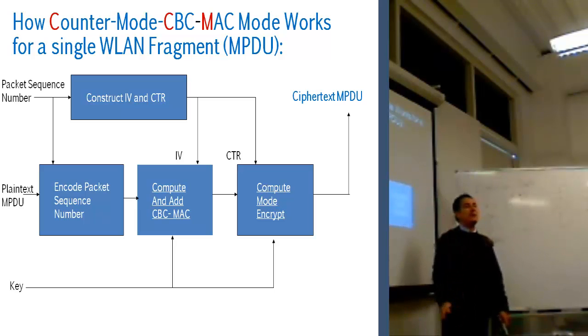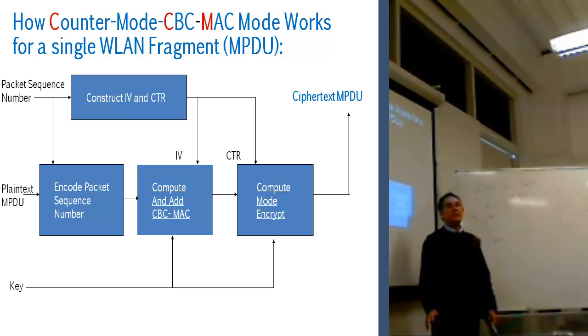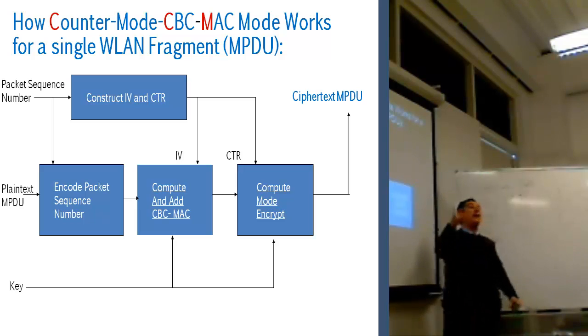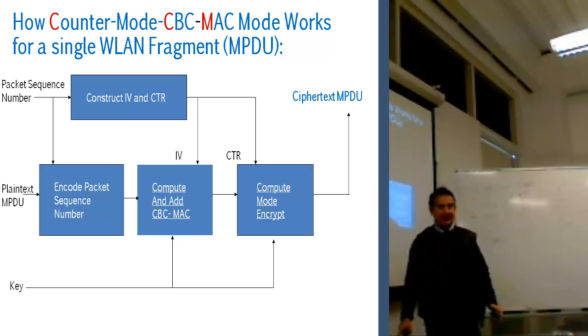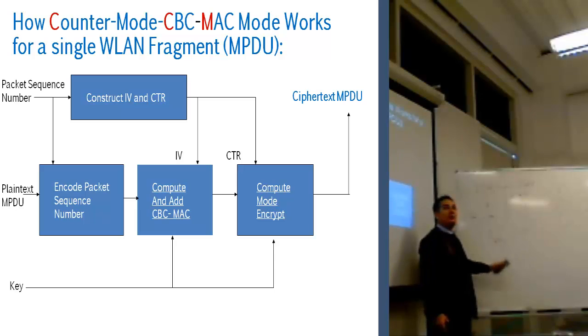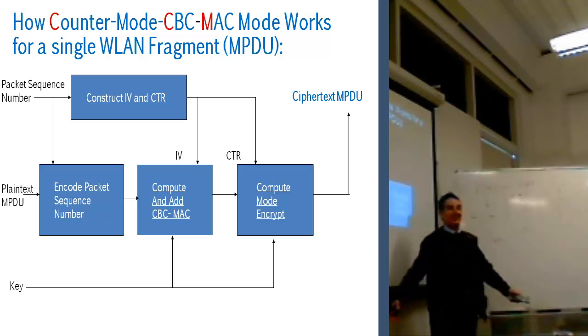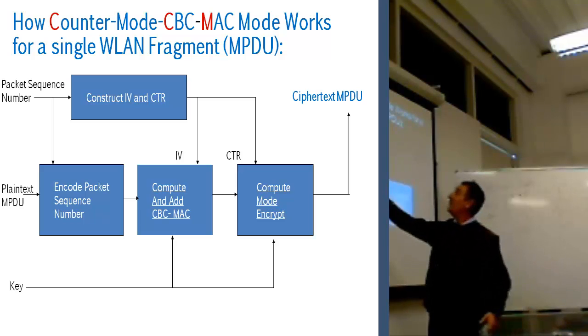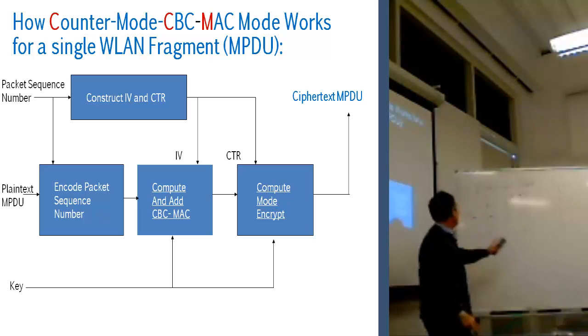Why do we need IV in CBC mode, guys? Imagine the first encryption. We said that every part of the encryption depends on the previous encryption, right, in CBC mode. Where is the previous encryption for the first encryption? We don't have it. So what I'm going to do is generate a random number, which is the IV. That's going to be the previous encryption.